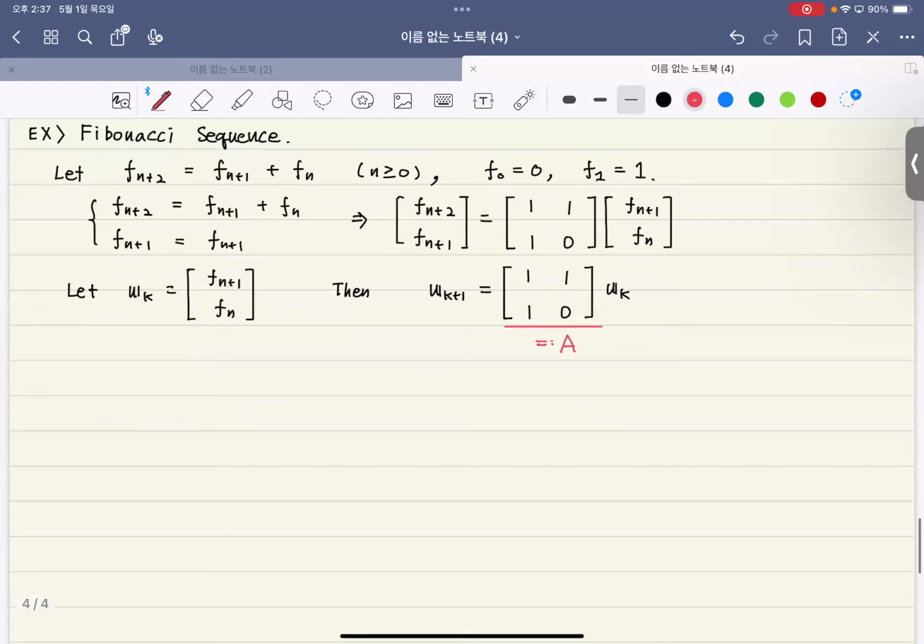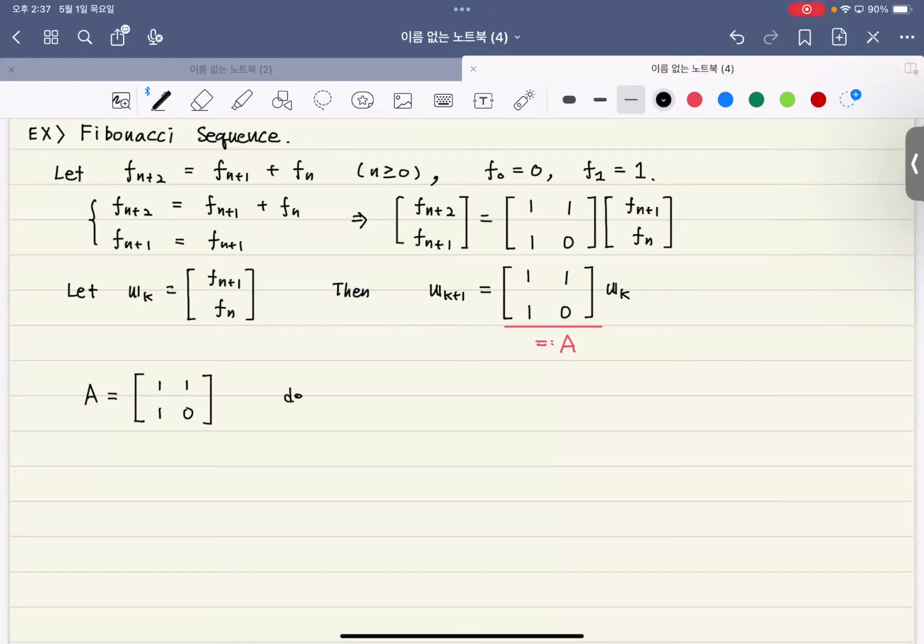So the problem has been set up. My matrix A is 1, 1, 1, 0. First, I will try to diagonalize this matrix if possible.